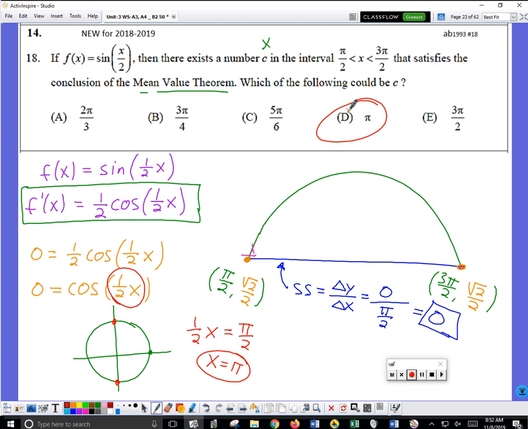Maya just did really good thinking. She said, I have to have a picture to talk about it. We figured out that the cosine of 1/2 x is supposed to become 0.